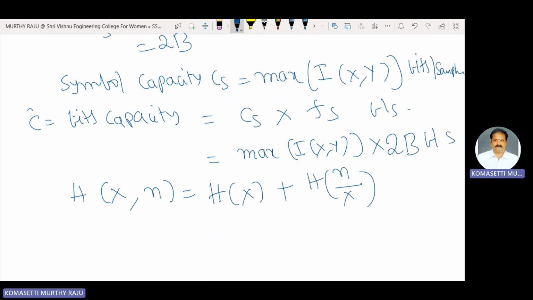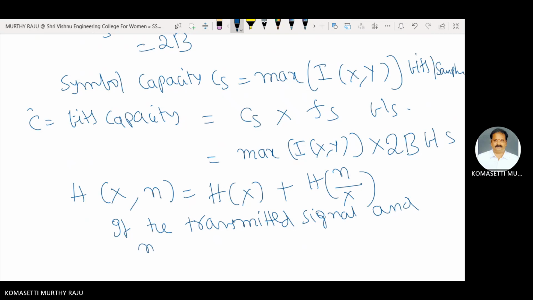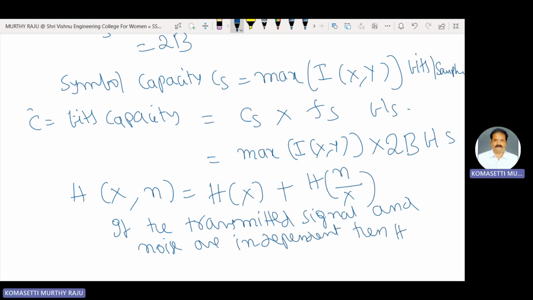If the transmitted signal and the noise are independent, then H of n by x is H of n, small n.